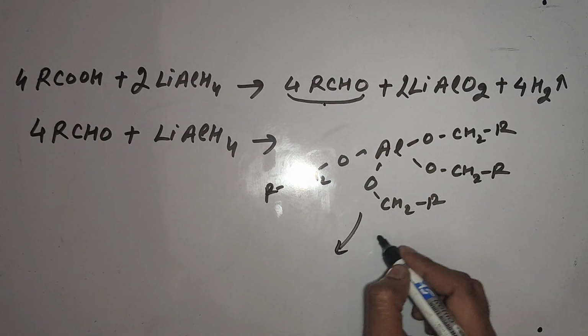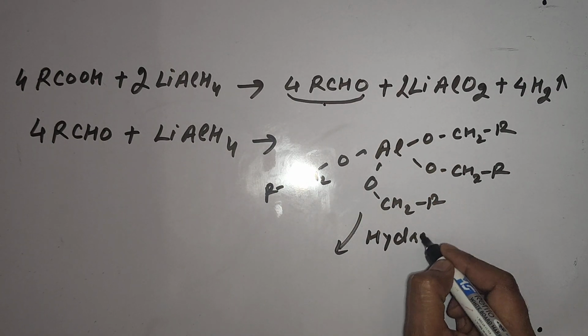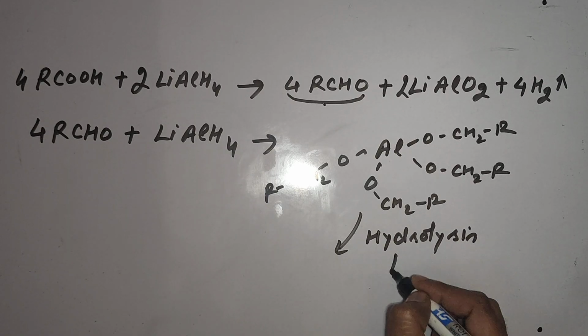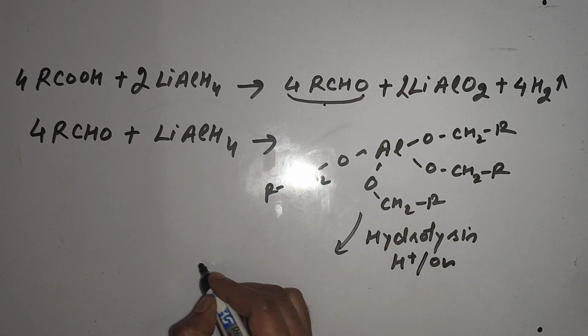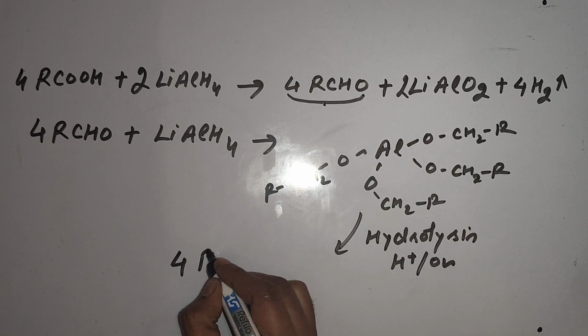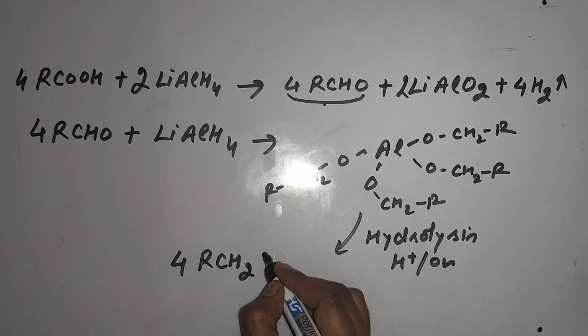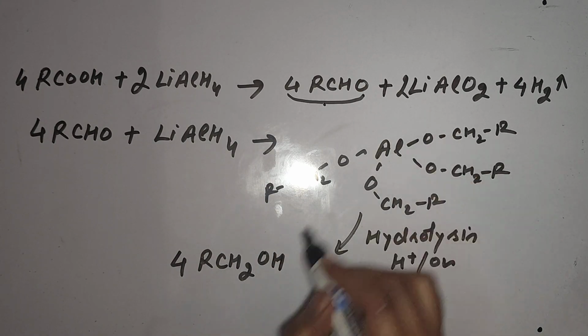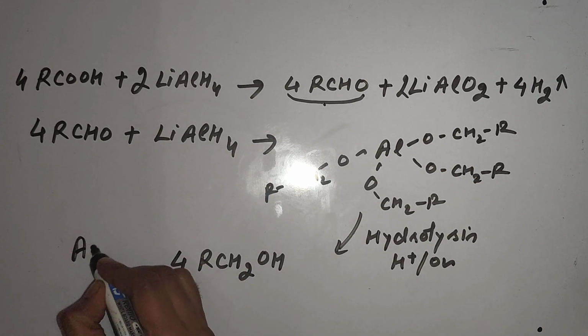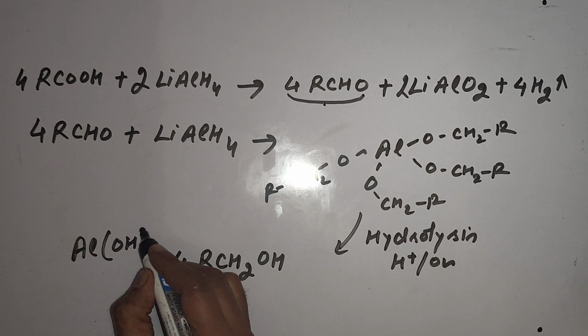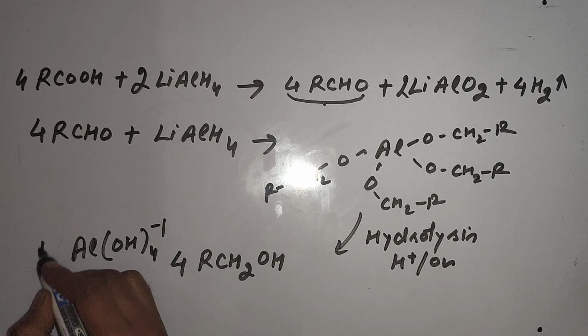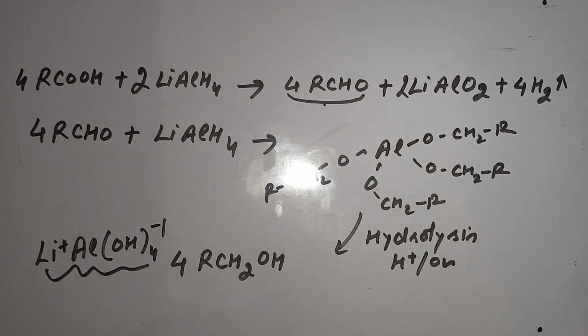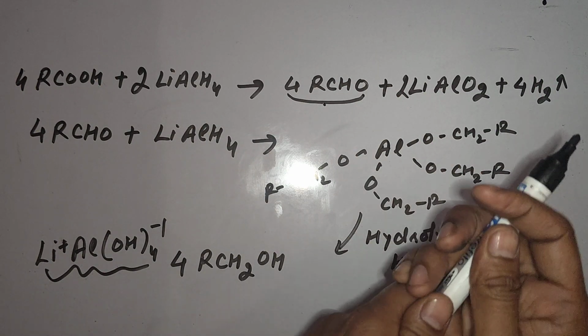And finally, on hydrolysis of this particle, you will get 4 particles of RCH2OH, and this aluminium will turn to Al(OH)4 negative, which will be balanced by lithium. This is the whole process. Please check.